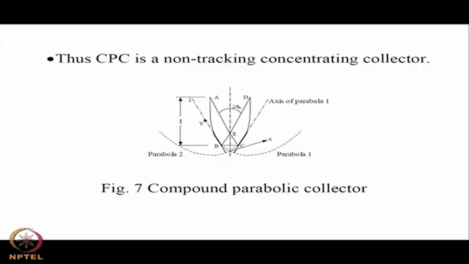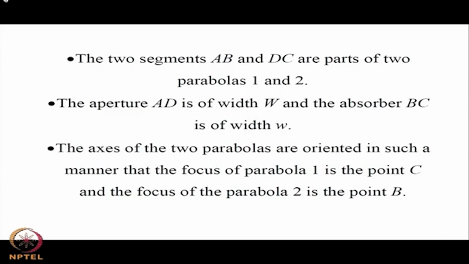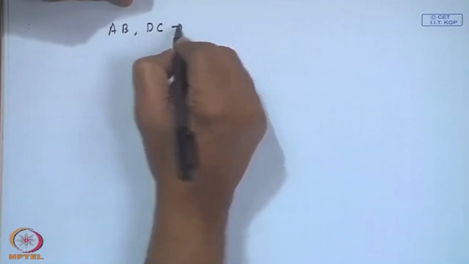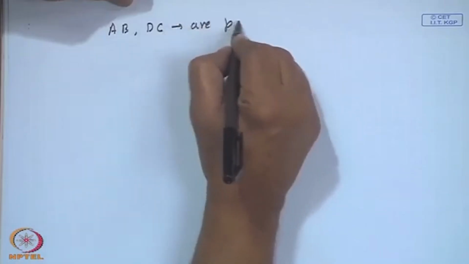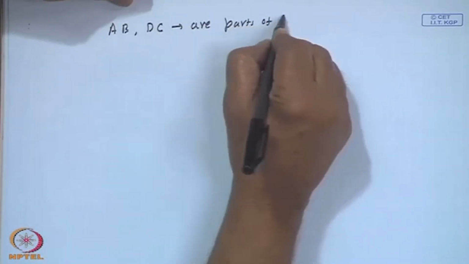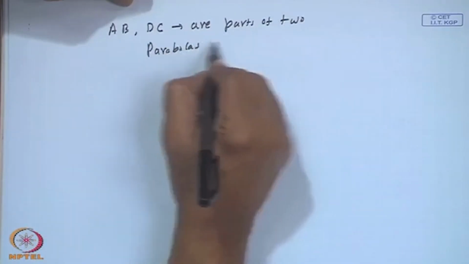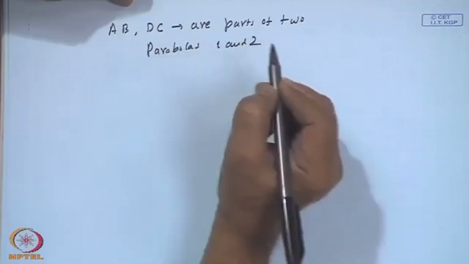So, I also have shown the coordinate system in the direction of x and the direction of y, and you have got the origin O. So, in a nutshell, the two segments AB and DC are parts of two parabolas 1 and 2.